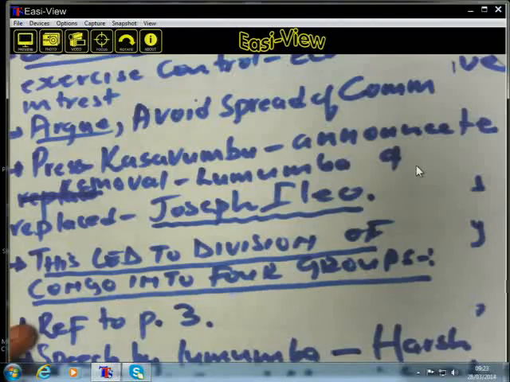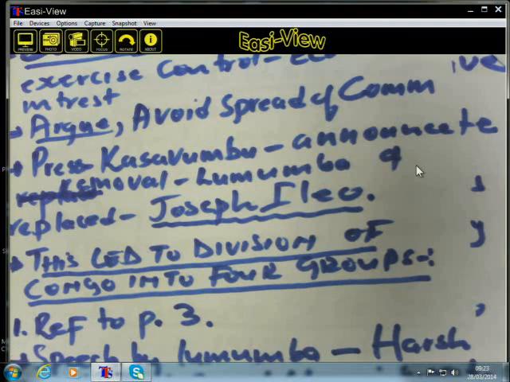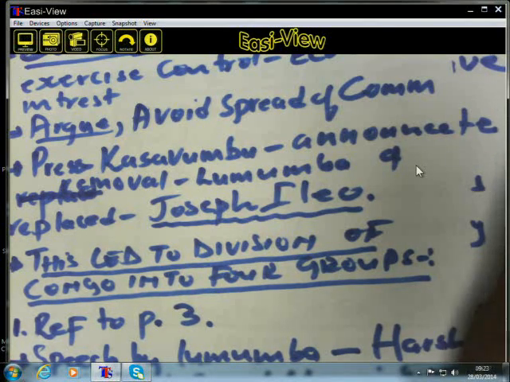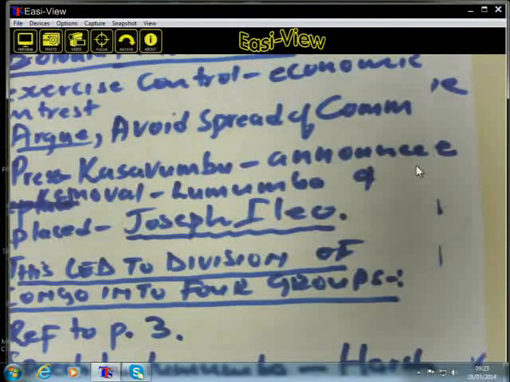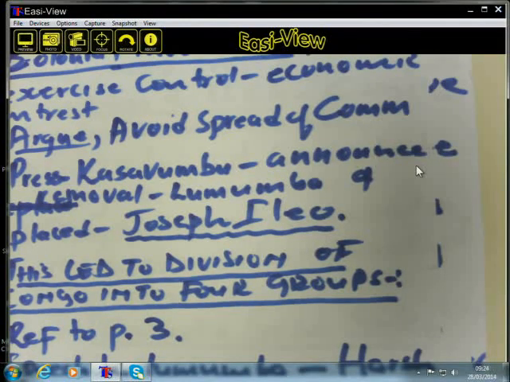That was the division of the Congolese. So this is an indication of how serious the political instability inside Congo was. There was no stability in politics.